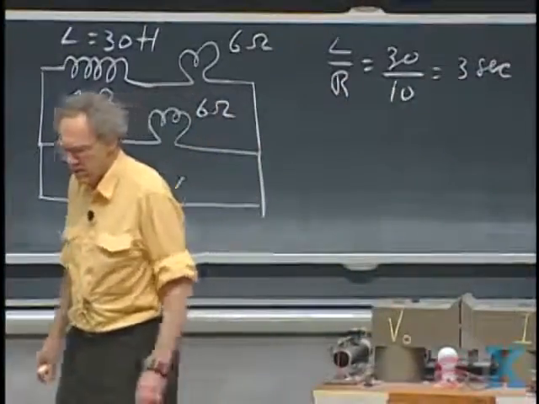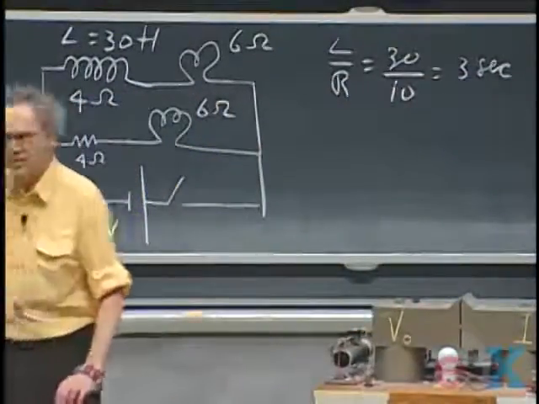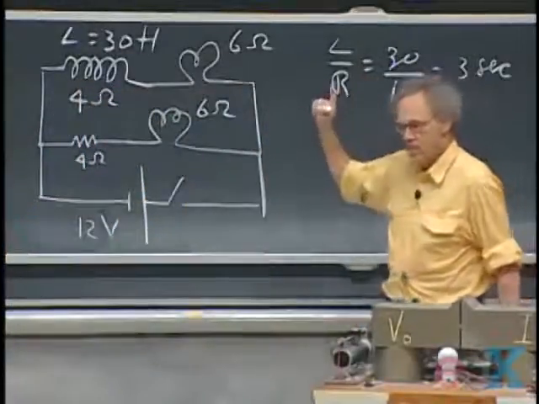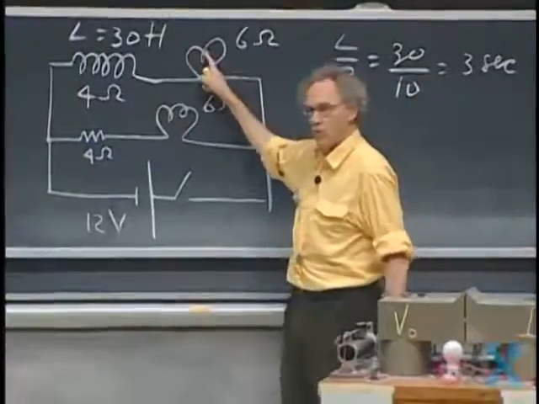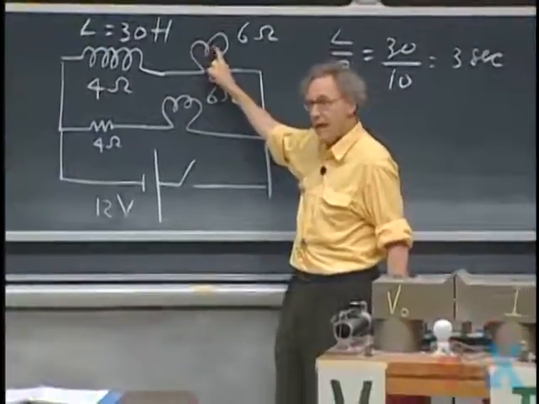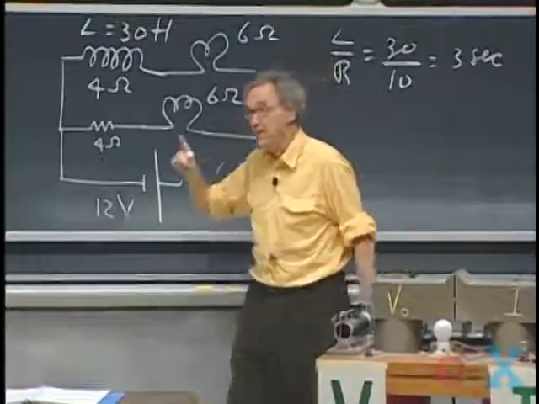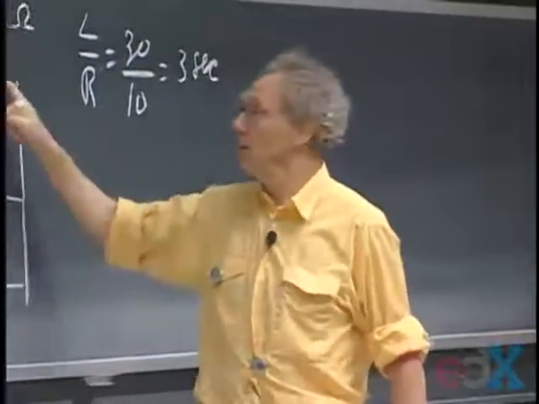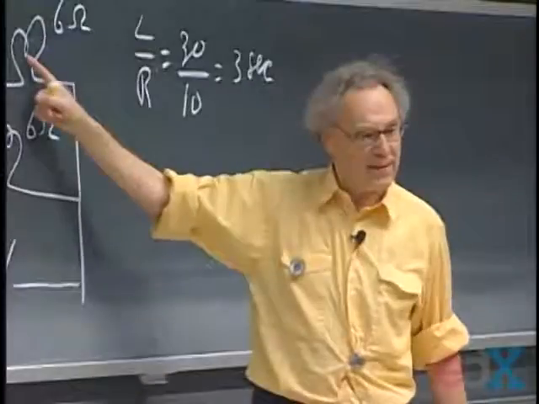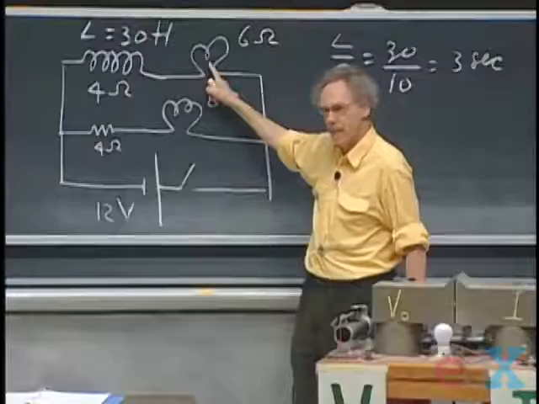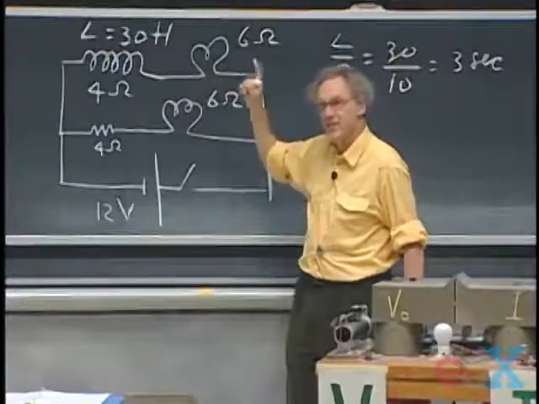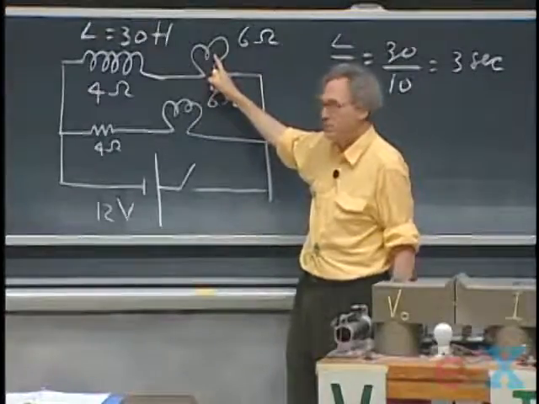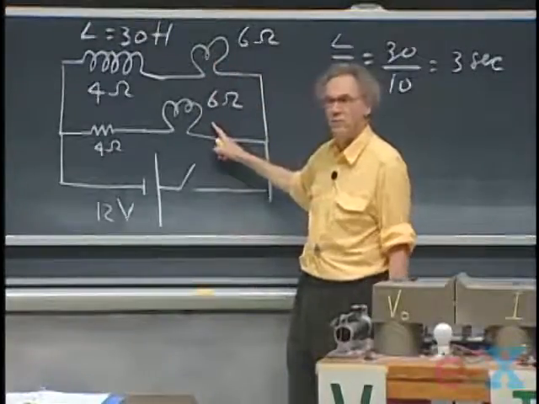So what that means is that even after 6 seconds, which is twice this time, even then, the current through this light bulb is only 86% of its maximum. But that means, since the light, of course, is proportional to I squared R in the light bulb, that the light is only 75% of maximum. And even if you wait 9 seconds, then the light that comes out here is still only 90% of its maximum, whereas this one comes on immediately.